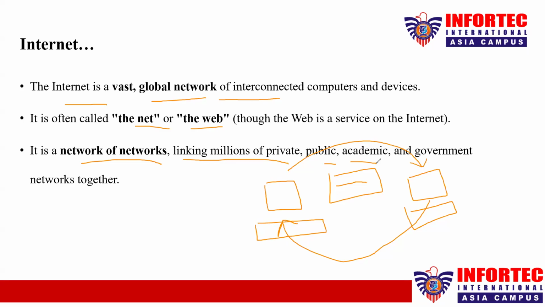With this concept, with this technology, we can connect the entire world. I can connect with the people who live around me, and I can connect with the people who do not live around me. I can connect with people who live in other countries with the concept of the internet.